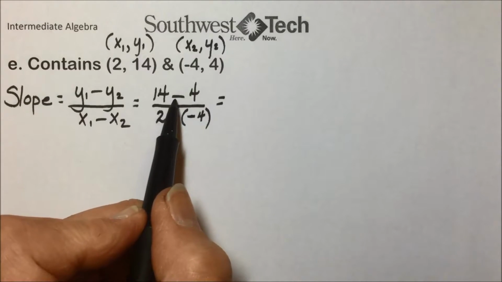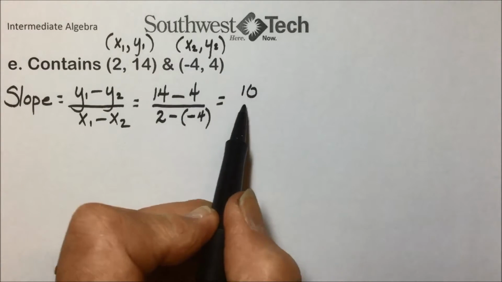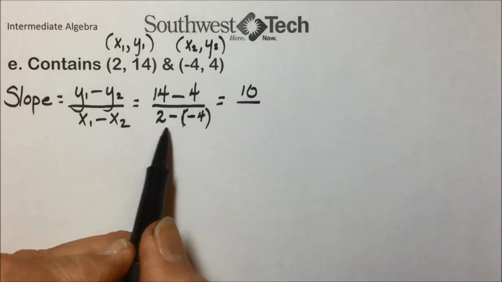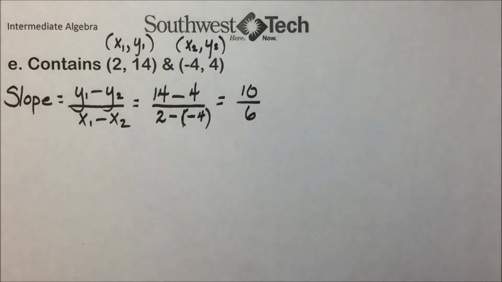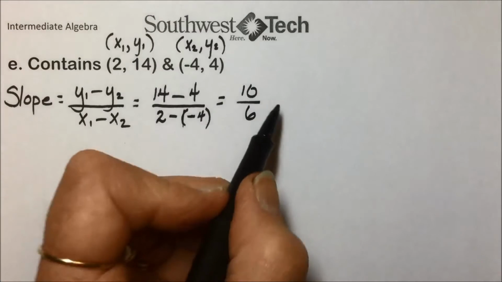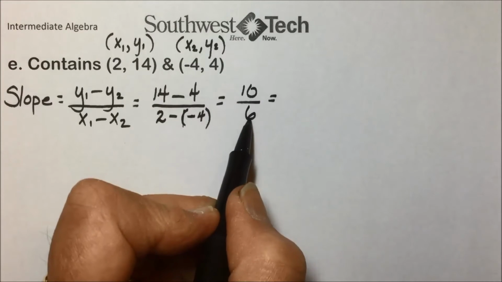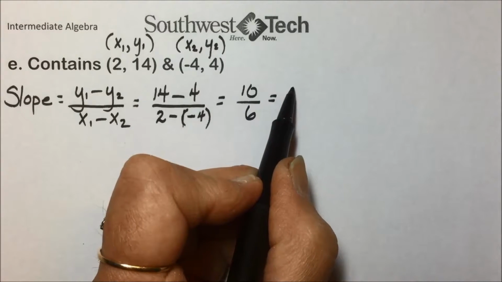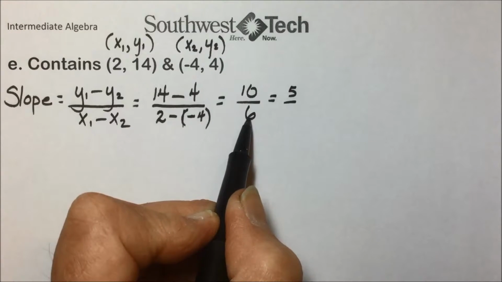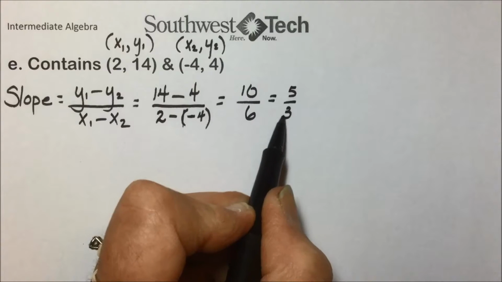Simplifying, we have 14 minus 4 is 10. Minus a minus is plus, so we have 2 plus 4 is 6. And if we just reduce this, we have a common value of 2. 10 divided by 2 is 5, and 6 divided by 2 is 3.